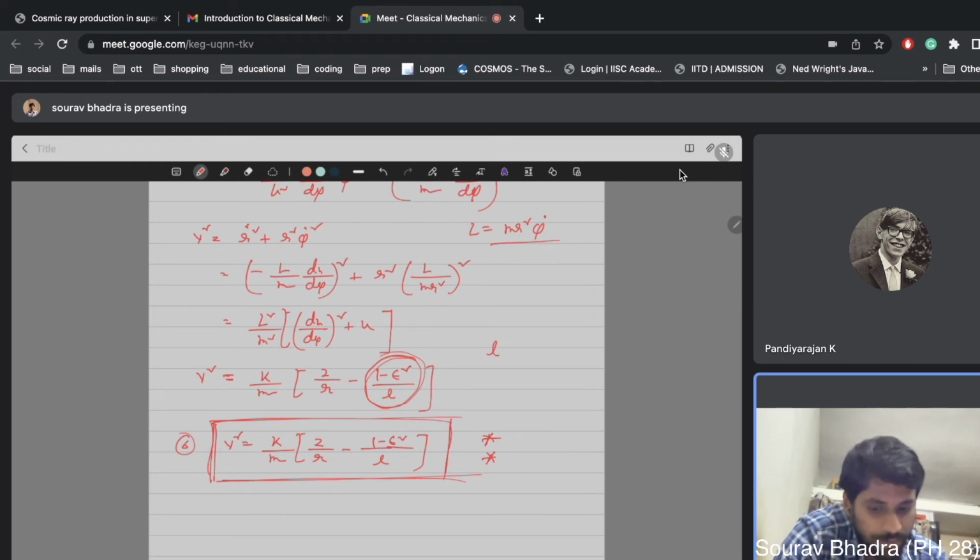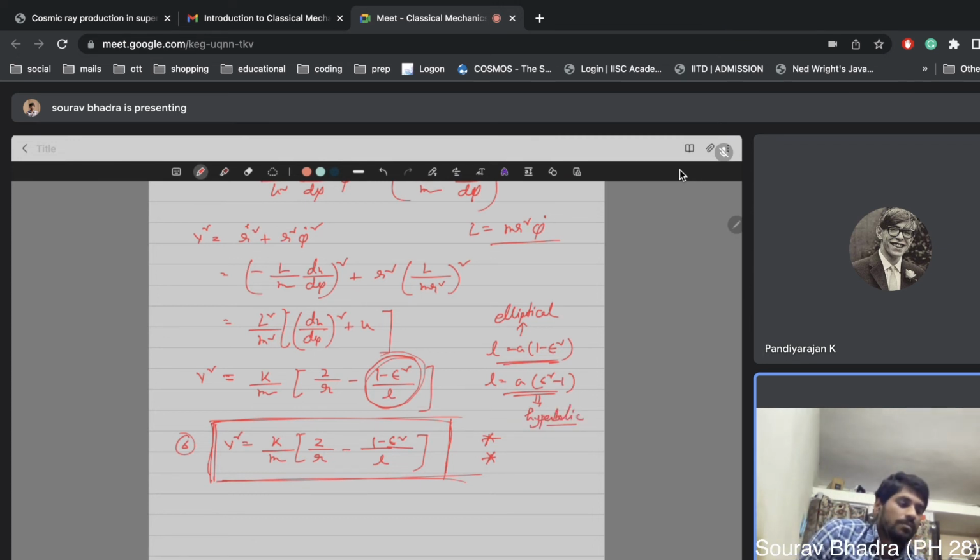So if you take L as 1 minus epsilon square, which is valid for an elliptical orbit, because here I have considered the general orbit, and if you write it as epsilon square minus 1, which is valid for a hyperbolic orbit, because you know that for your hyperbolic orbit epsilon is greater than 1, and for your elliptical orbit epsilon is less than 1.